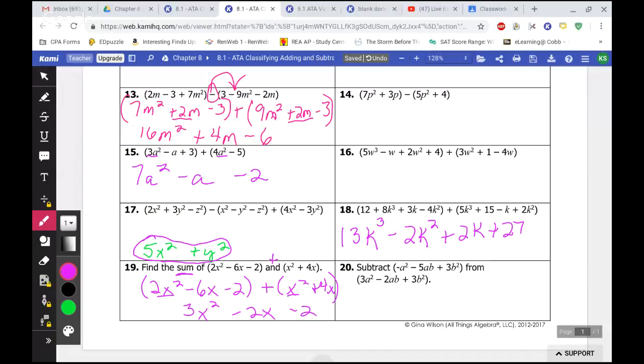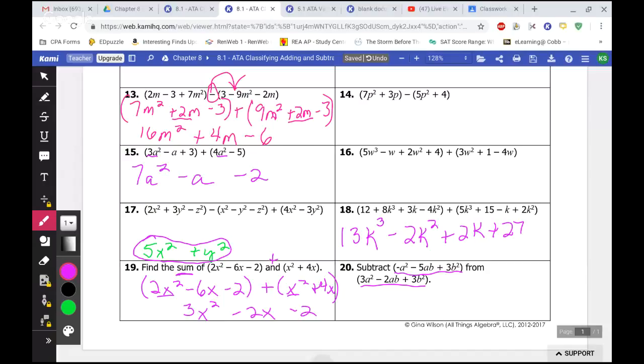For number 20, once again, I'm subtracting this from that. So the that has to go first because that's where you begin. When you subtract something from something else, you begin where you're being subtracted from.